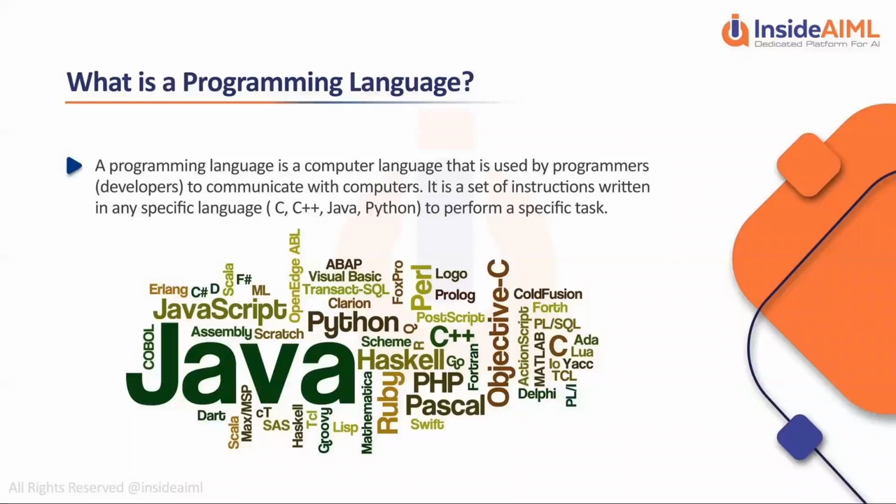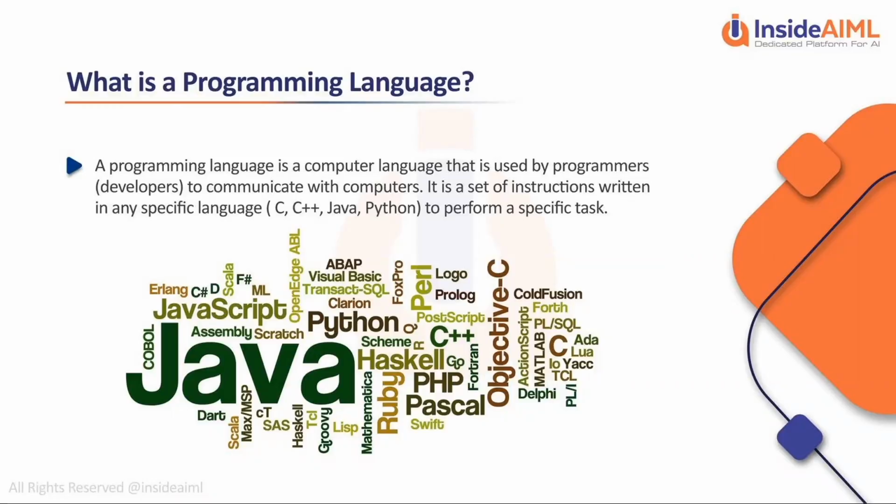A programming language is a computer language that is used by programmers, we are the programmers or developers, to communicate with the computers. It is a set of instructions written in a specific language.